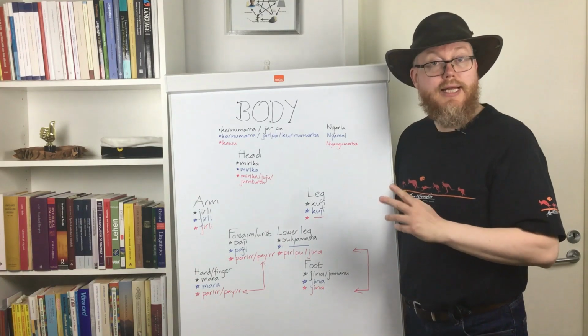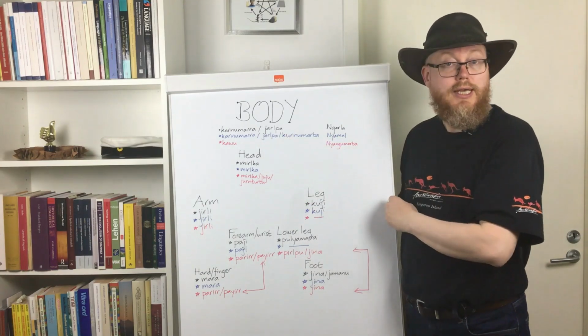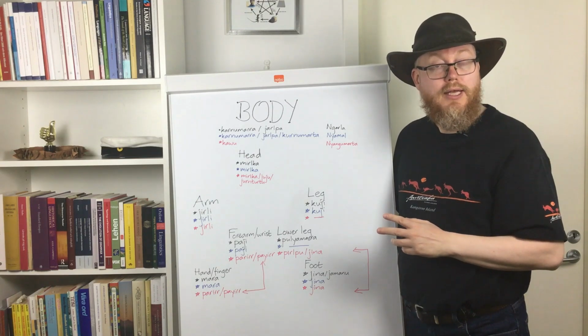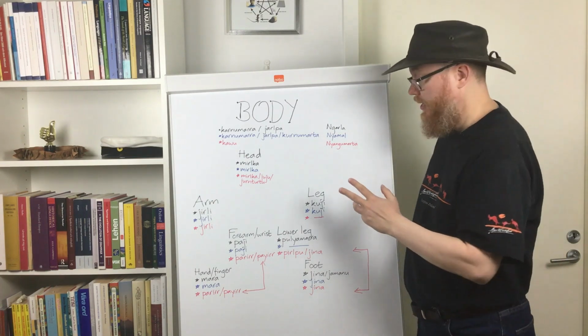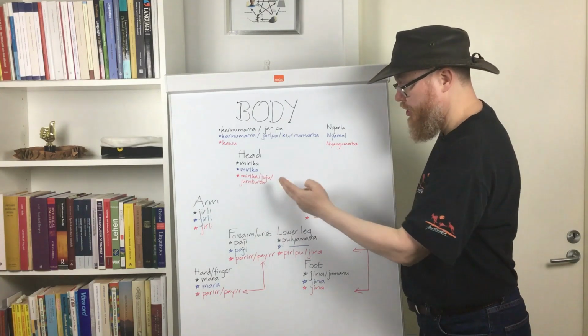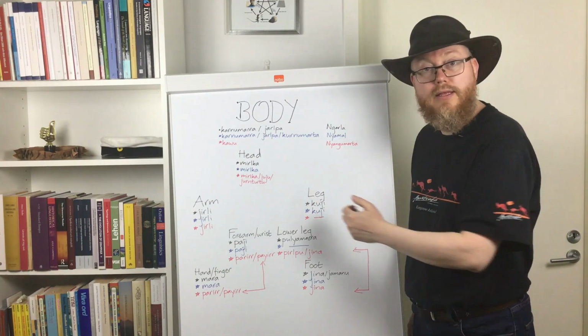One very central and important body part is of course the head, and the word murga is used in all three languages for head. But in the Nyangumarta dictionary, these two words are also listed, jojo and jondoro.